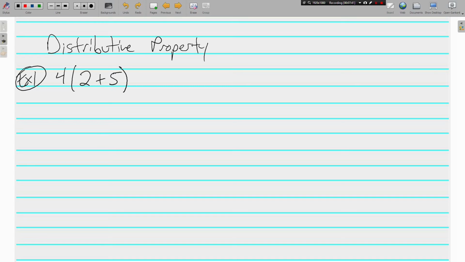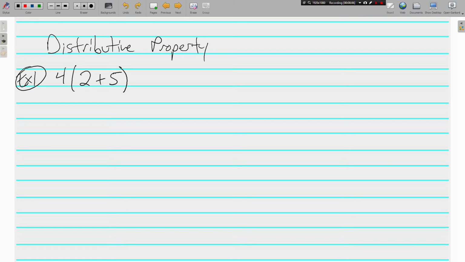Traditional order of operations, we would do what is in parentheses first. We would say 2 plus 5 is 7, and then 4 times 7 is 28. That's order of operations. But using the distributive property, whenever we have a number that is being multiplied by a group of numbers in parentheses, that's when we can use it.